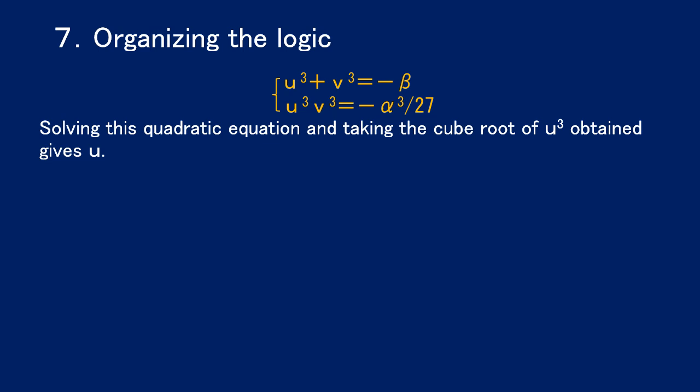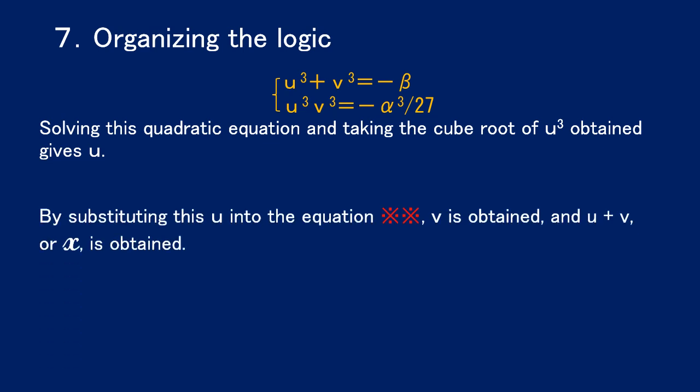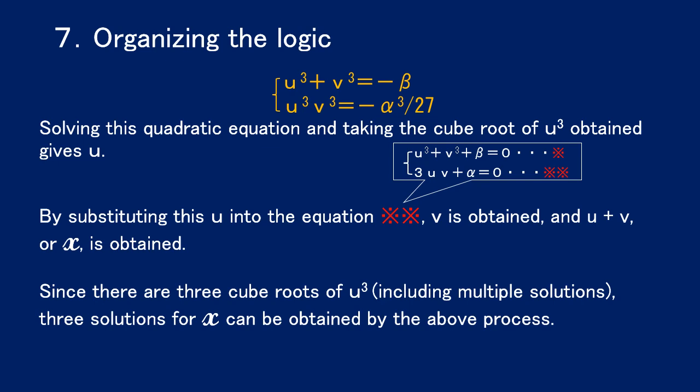Solving this quadratic equation and taking the cube root of the obtained u cubed gives u. By substituting this u into the equation star star, v is obtained, and u plus v, or x, is obtained. Since there are 3 cube roots of u cubed, 3 solutions for x can be obtained by the above process.